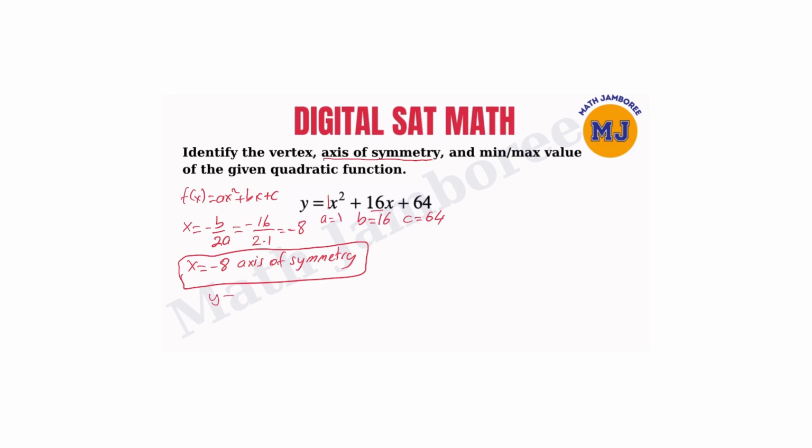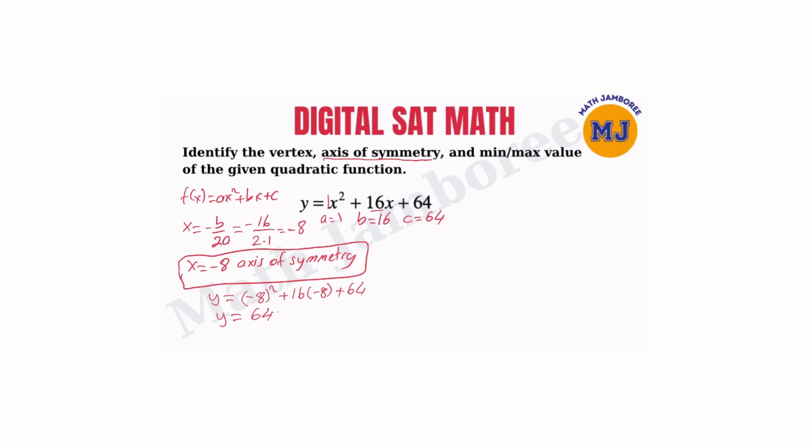Y is equal to negative 8 squared plus 16 times negative 8 plus 64. So 8 squared is 64, and 16 times 8, you're allowed to use your calculator in this part, by the way, but you can also just do it manually.